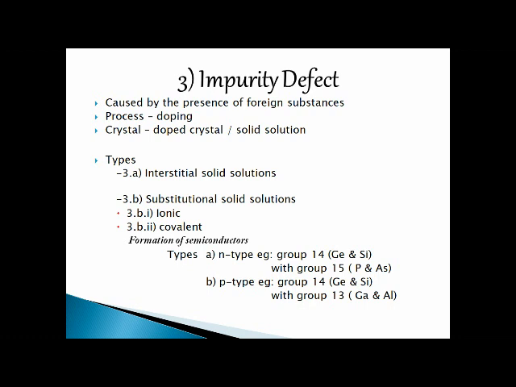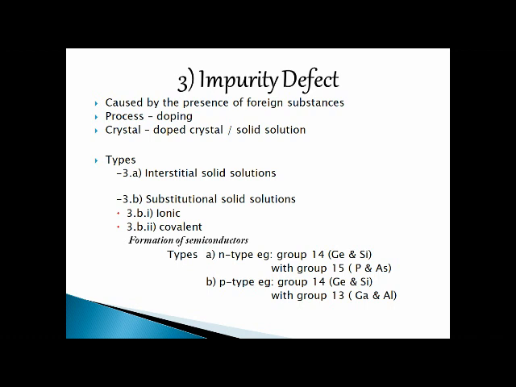And for P-type semiconductor, it is formed when group 14 elements like germanium and silicon are doped with group 13 elements like gallium and aluminium. Group 13 valency is usually 3.